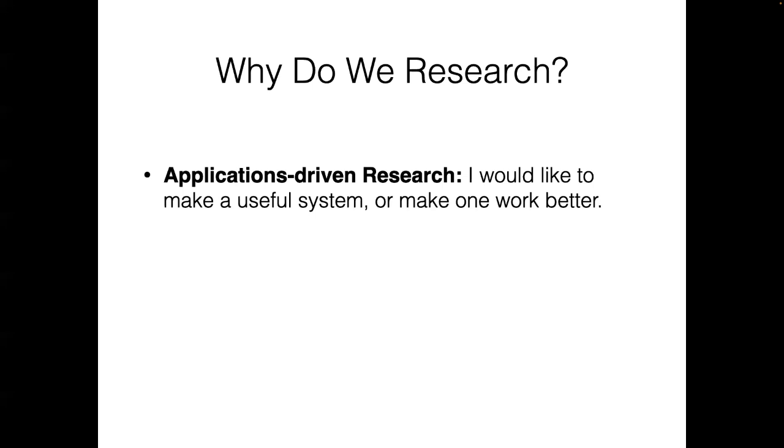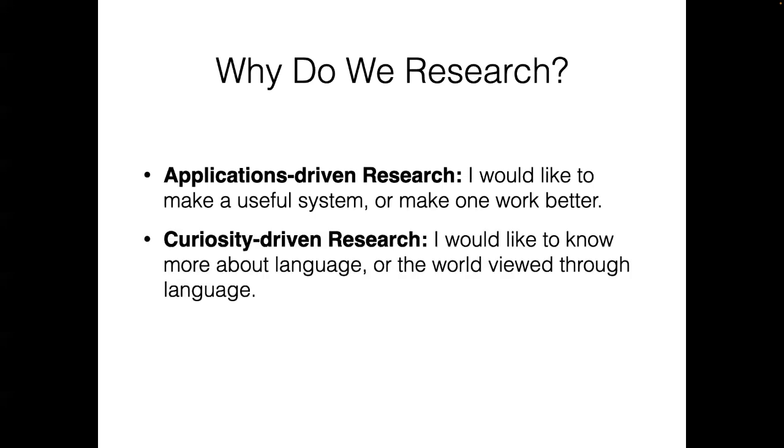So some family of research is driven by a particular application or set of applications. And so you might have some application in mind and then think about, okay, how do you make a useful system for the application? Or what does it take to make the existing systems work better on your application?